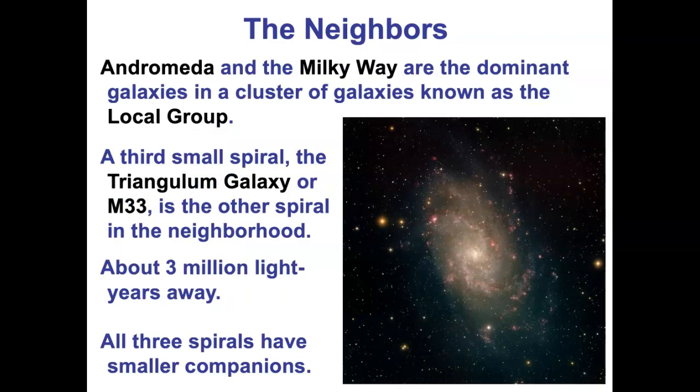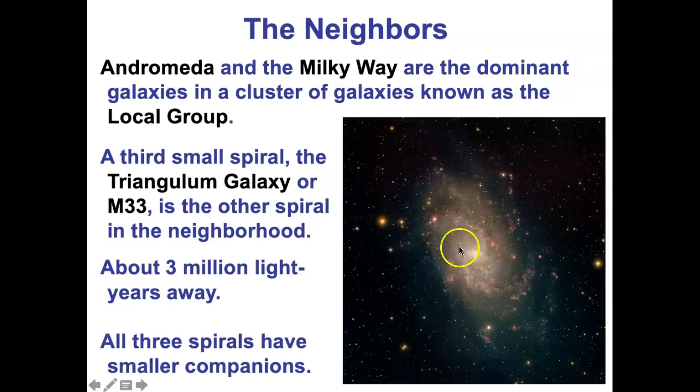The other big galaxy near the Andromeda and Milky Way is the Triangulum galaxy, or M33. Triangulum, look at this. It is a spiral, right? You've got the bulge in the center, and you can see the spiral arms going in like this.